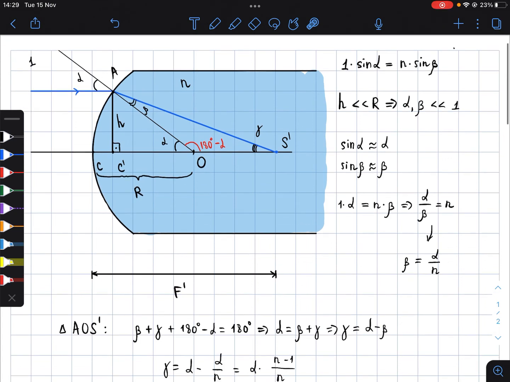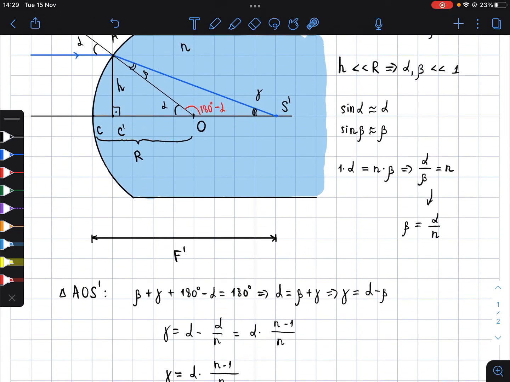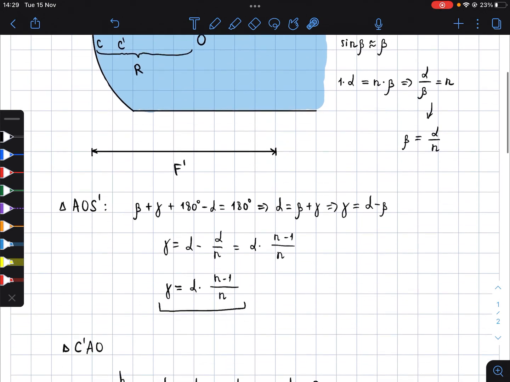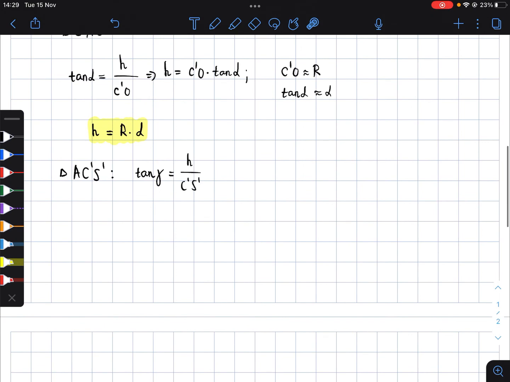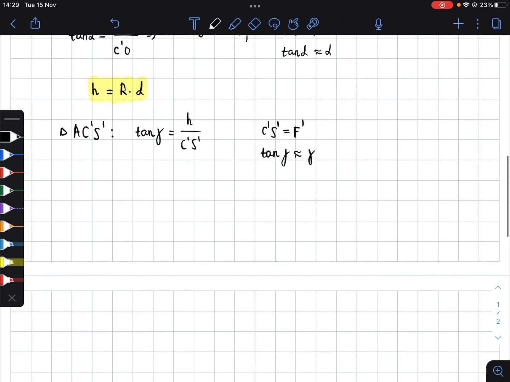Distance C prime S prime is going to be equal to F prime, and tangent gamma is going to be approximately equal to gamma. Okay, it means that H is going to be equal to F prime multiplied by gamma.